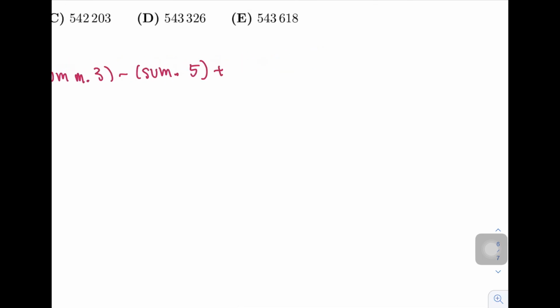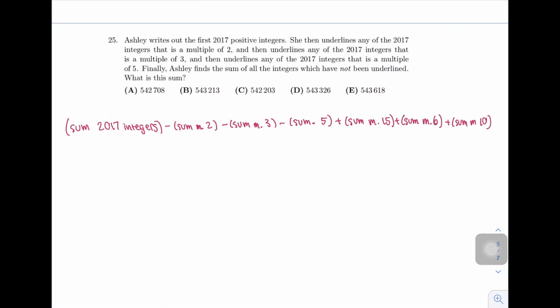And then we need to add the sum of the multiples of 15, which is the lowest common multiple of 3 and 5. And then add the sum of the multiples of 6, which is the lowest common multiple of 2 and 3. And then add the sum of multiples of 10, which is the lowest common multiple of 2 and 5.